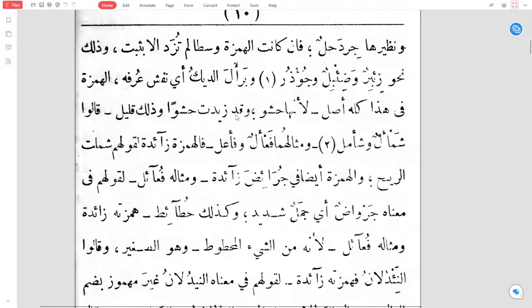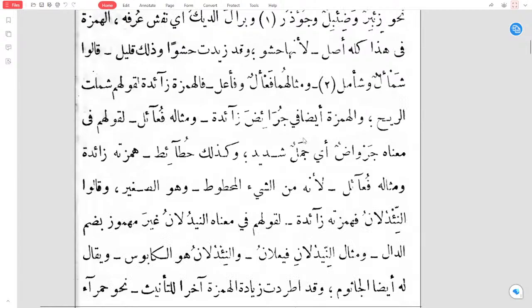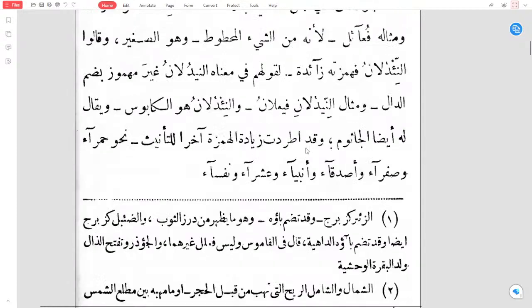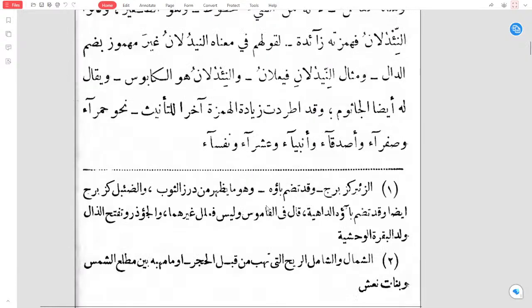قالوا شمأل وشأمل. The scale would be فعل, not فعلل, and فعل. The scale shows that the hamza is zaid in these because we haven't brought a fa or lam to replace it. So شمأل وشأمل الريح التي تهب من قبل الحجر ومهبه بين مطلع الشمس وبنات نعش.